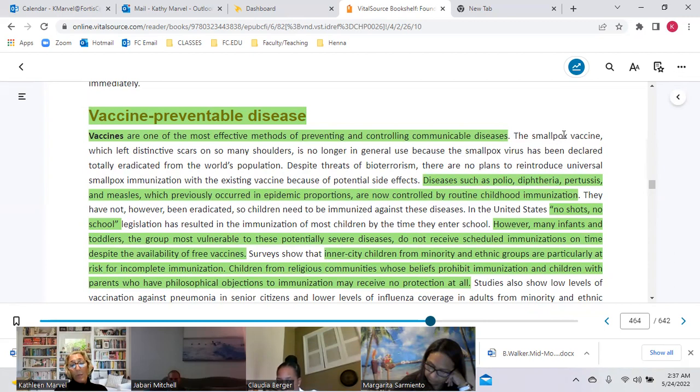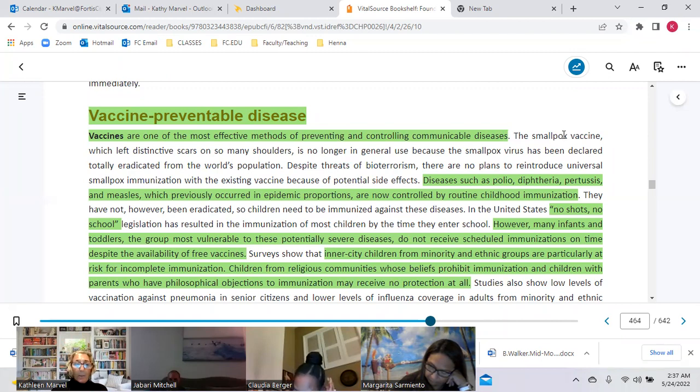And there's federal legislation. It's called No Shots, No School. Okay, that kids aren't supposed to be in school that do not have updated immunizations. However, they can have exemptions, right? You can have a personal exemption for whatever reason. Parents don't want the child immunized, whatever it is. They can do a personal exemption.